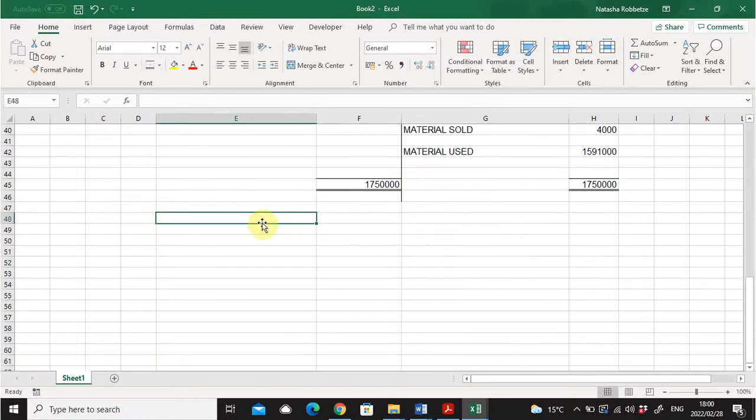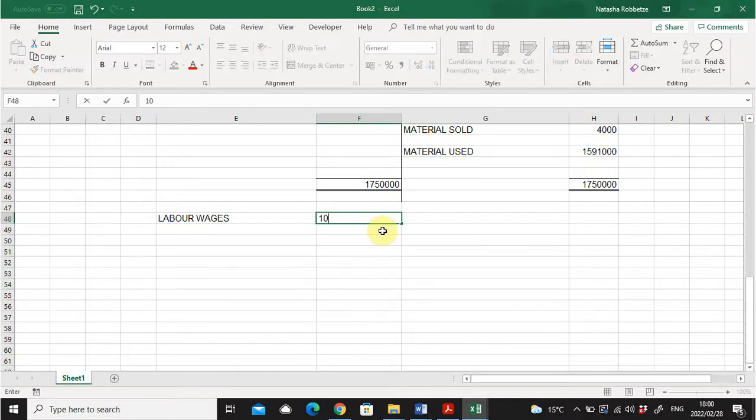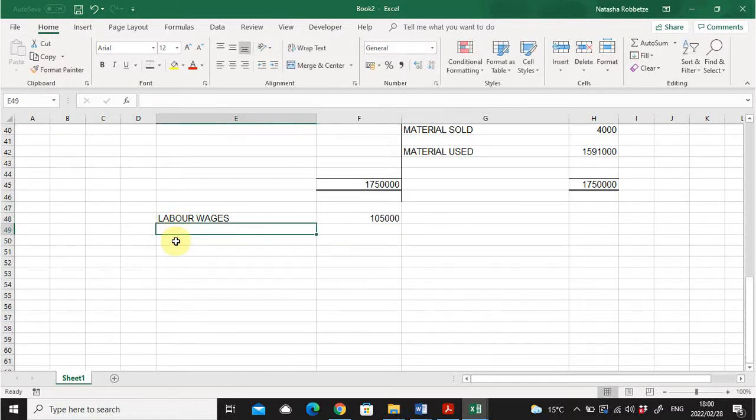So the labor costs had some wages. We had labor wages, right? And the amount for the labor wages was given to us as 105,000. Then we also had some wages that were still owed. So the accrued wages will also come into play here, because this is the amount that was paid and this is the amount that is still owed.